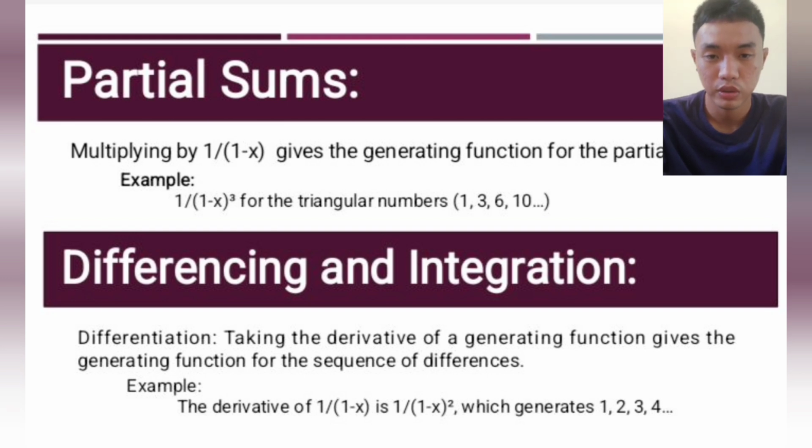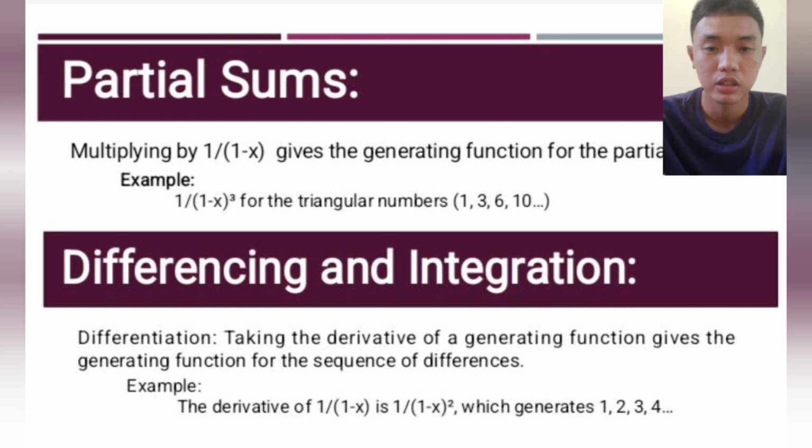Differencing: if you want a new sequence where each number is the difference between consecutive numbers in the original sequence, take the derivative of the generating function. For example, the sequence 1, 1, 1 has the generating function 1 over 1 minus x.